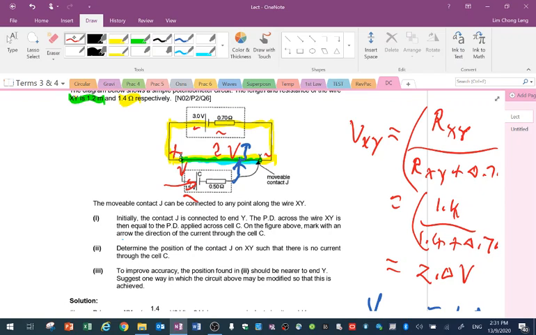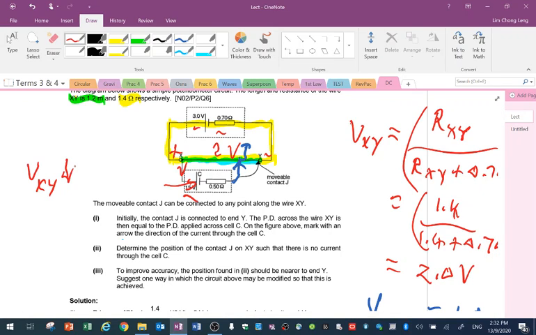Okay, the intention is to decrease VXY. So when VXY has a lower value, then to balance the same 1.5 volt, you need a greater length. I say again, if you reduce VXY, to balance the same 1.5 volt, you need to have a greater balance length.